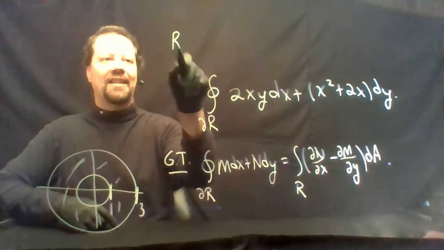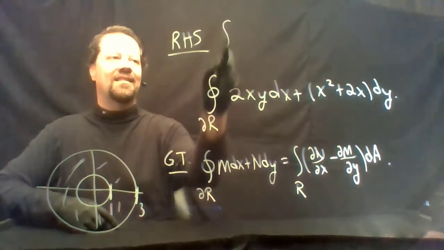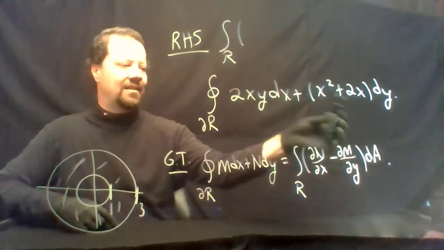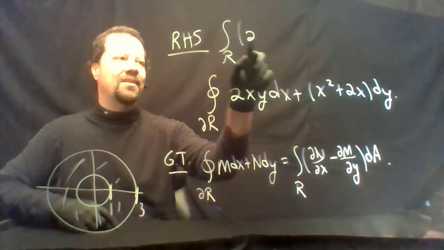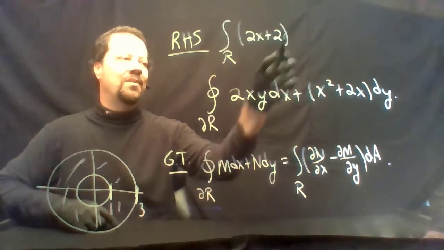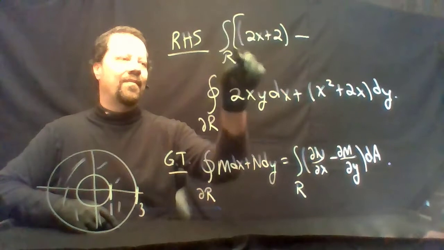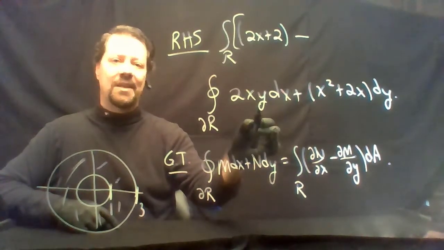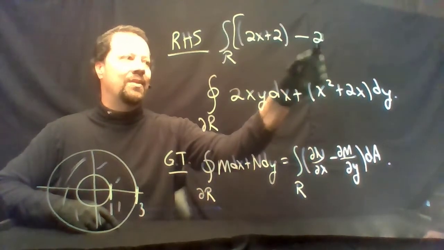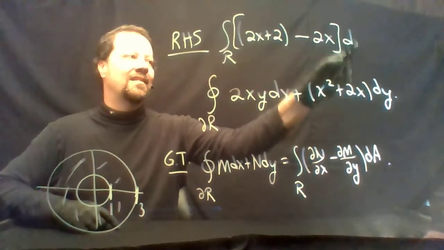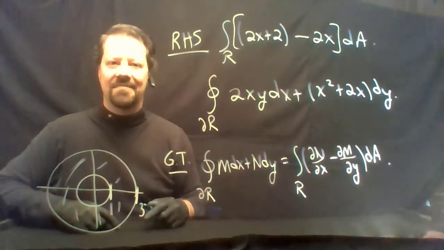We'll begin by calculating that right-hand side. dN/dx is 2x plus 2 minus dM/dy, which is 2x, all times the element of area.